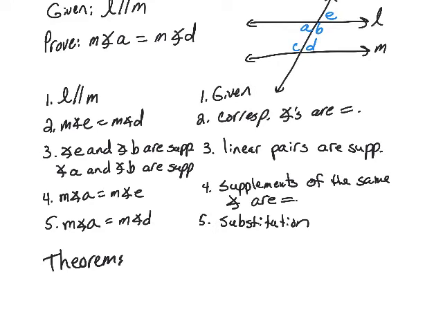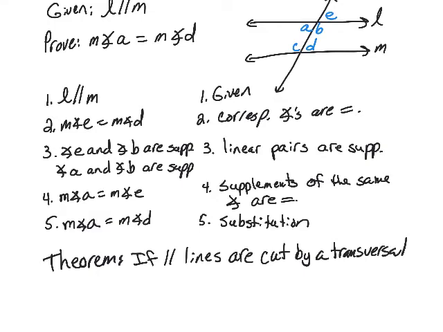Either way, we call these angles alternate interior angles. So we've just proven that if parallel lines are cut by a transversal, alternate interior angles are equal. And this is the only time we're going to write this all out.